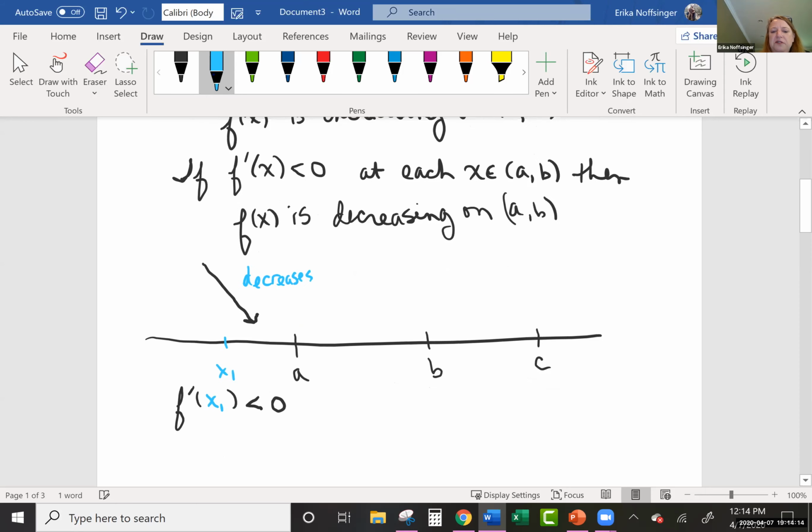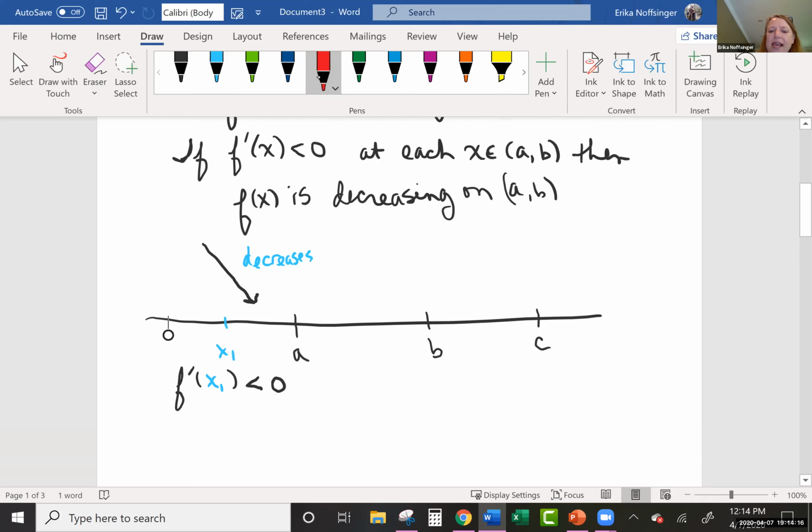If we chose some number in between A and B, let's call it x sub 2, and we plug that into the first derivative function, and we saw that that value was positive, greater than 0, then we can say that our graph is increasing here.